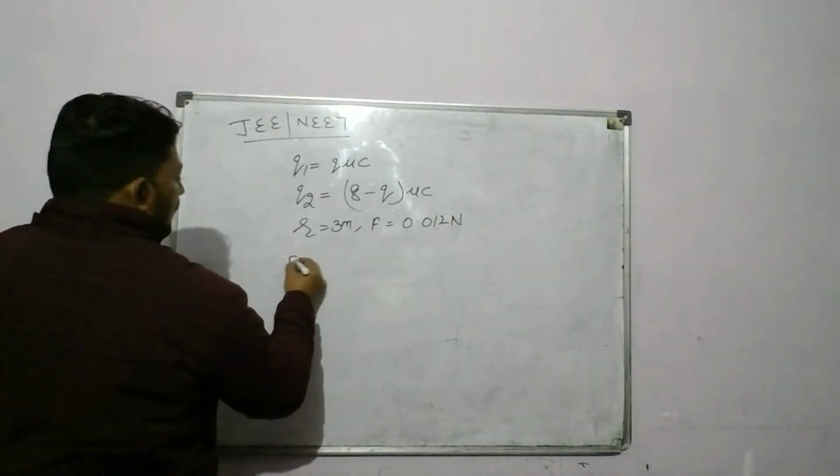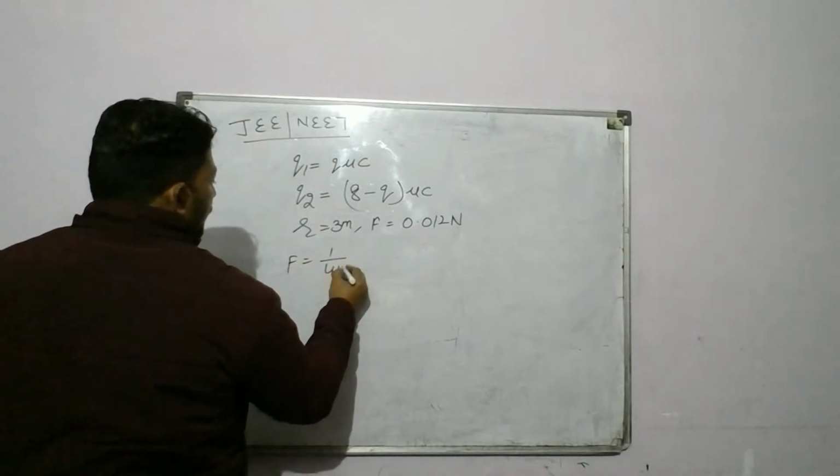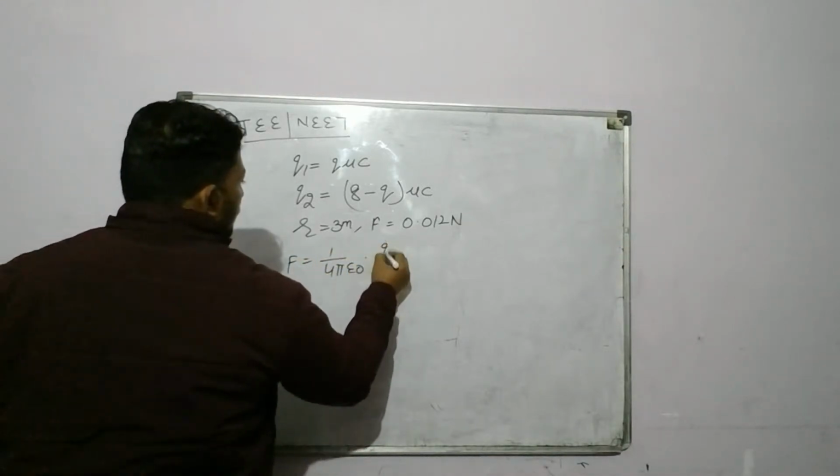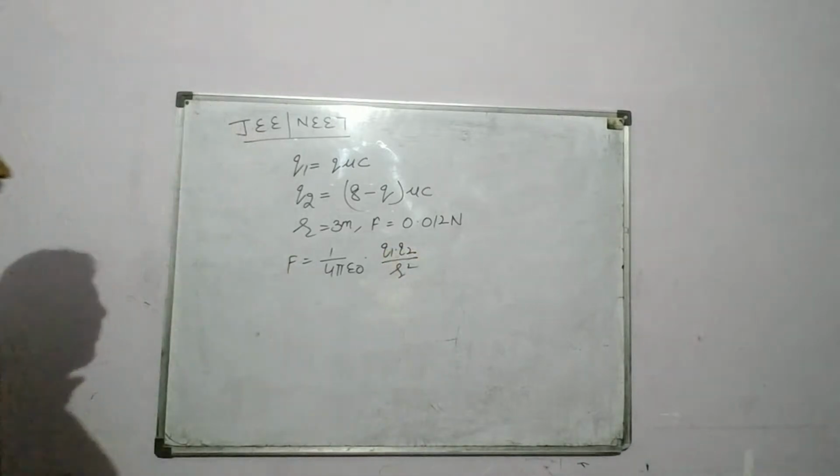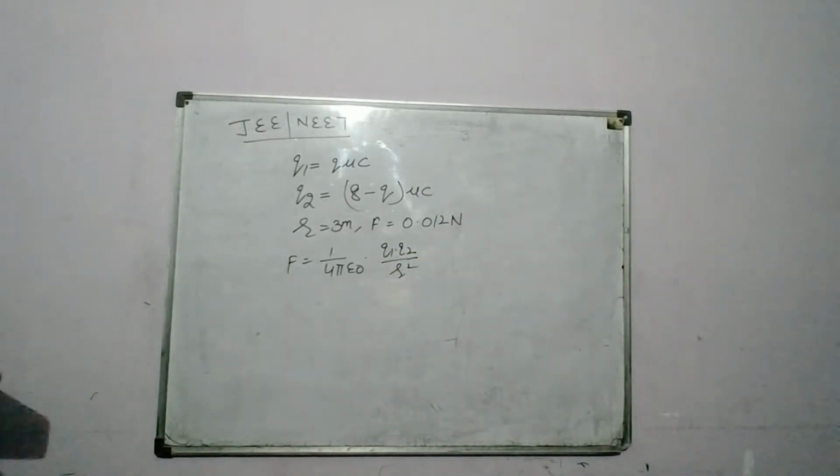F is equal to 1 upon 4 pi epsilon 0 Q1 Q2 upon r square. So this formula is applied here.